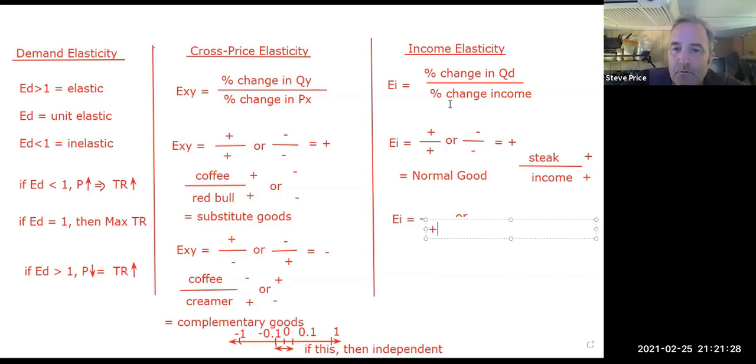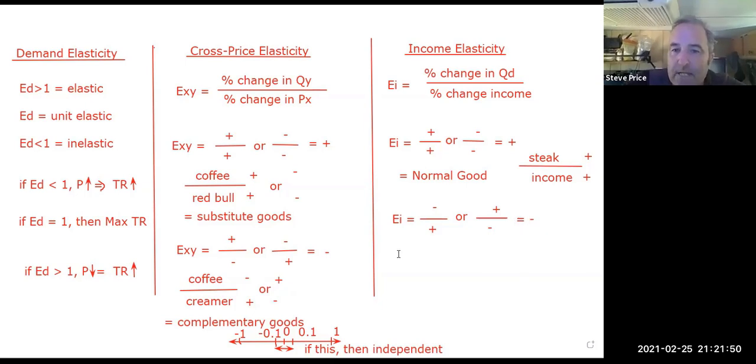So if your income increases, right, the denominator's income, and the quantity you demand, our numerator, decreases, notice that's a negative relationship. Or if your income decreases and you buy more of that product, notice that that's going to yield you a negative.